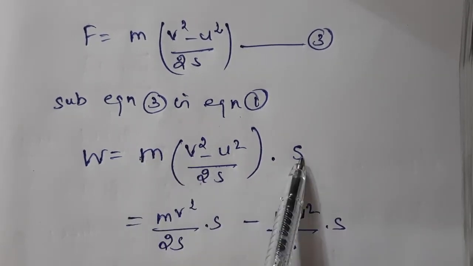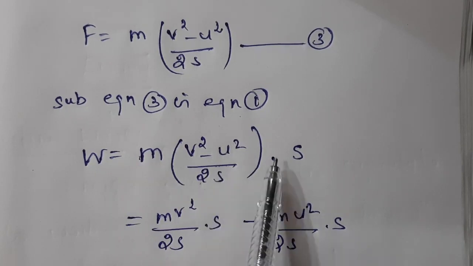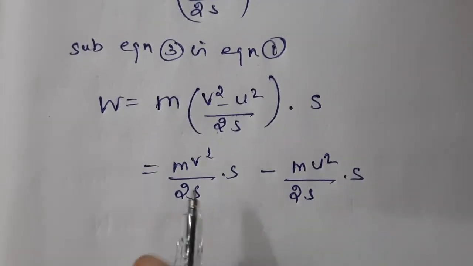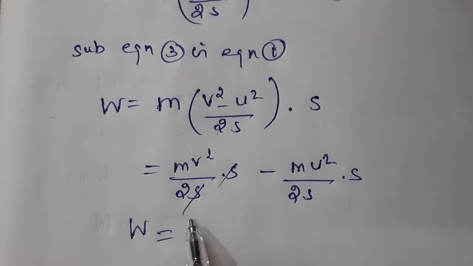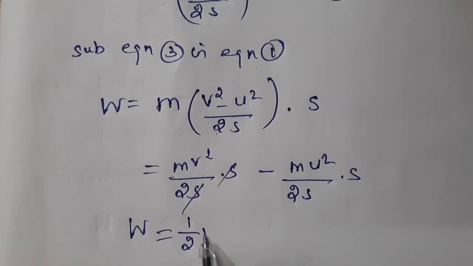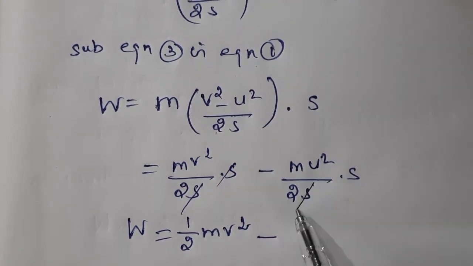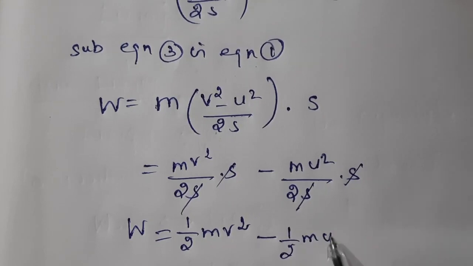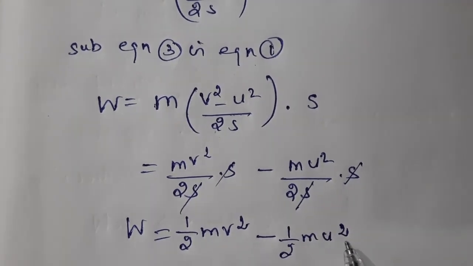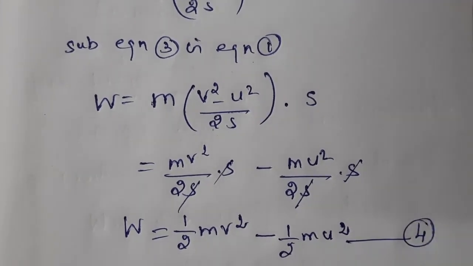Here the s get cancelled. W is equal to half m v square minus, here also s gets cancelled, half m u square. This is equation number 4.